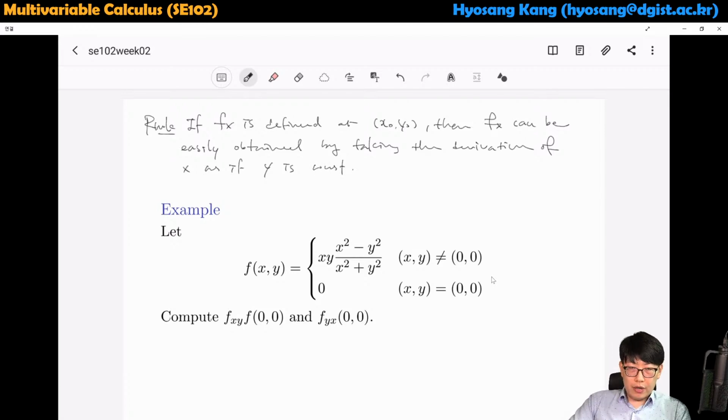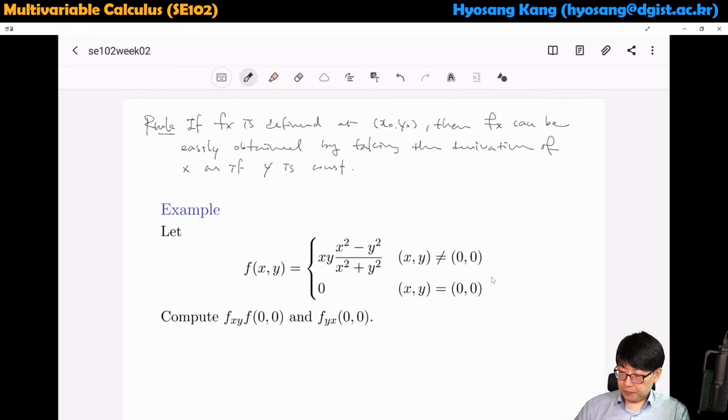So when you take a partial derivative in x, think of y as just a constant, meaning that if you take the derivative in x of y itself, it disappears because it's a constant. Do this for every other component of your function, and then you get the partial derivative.